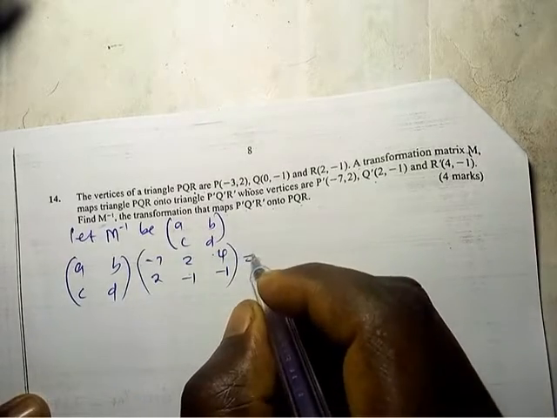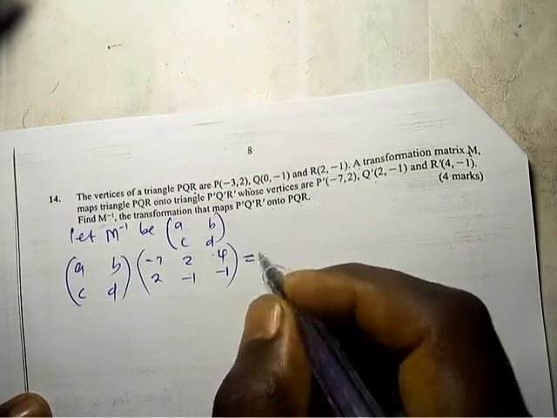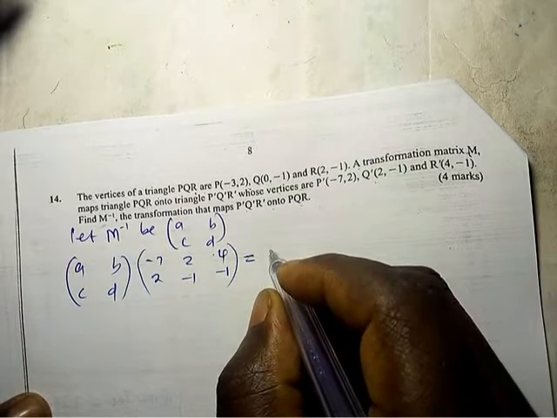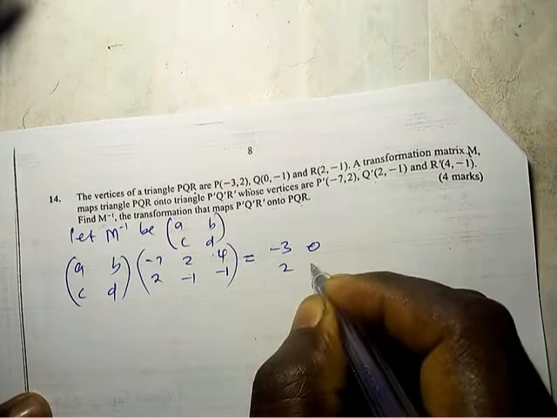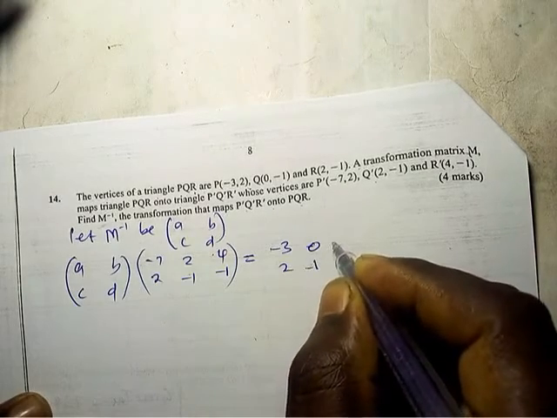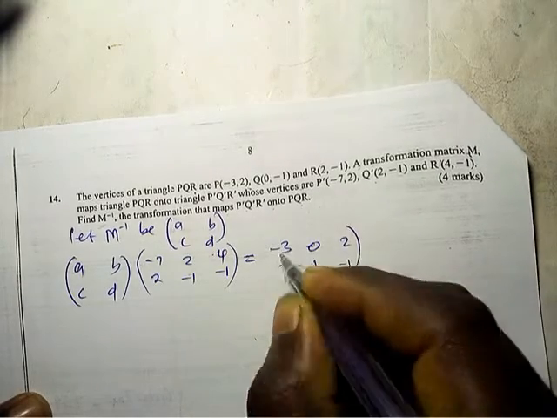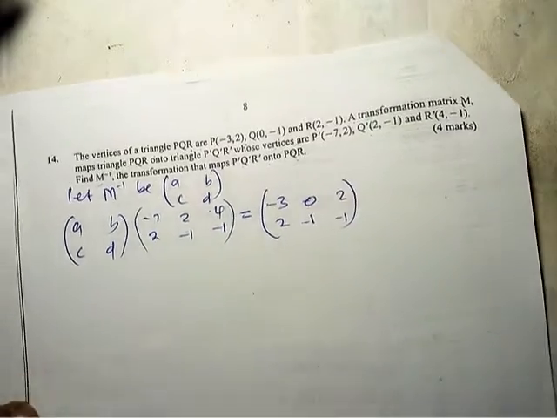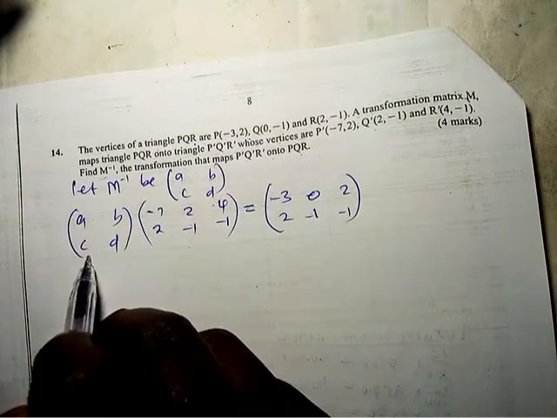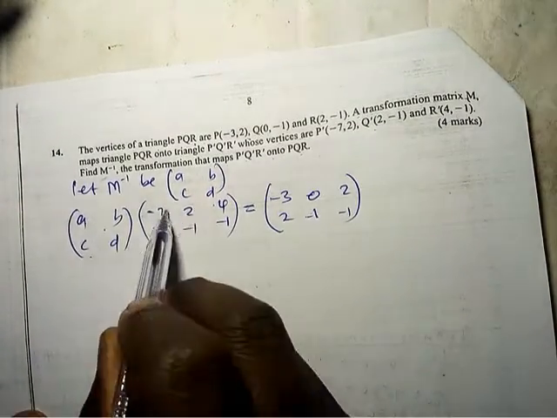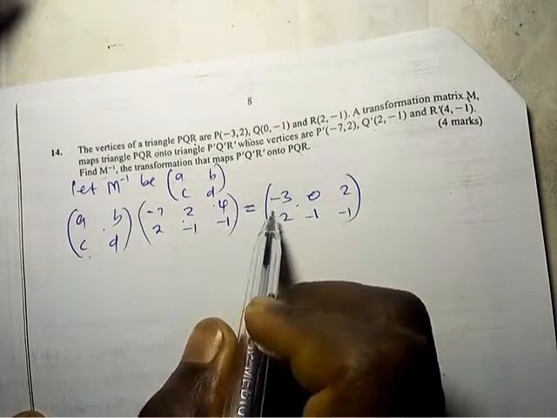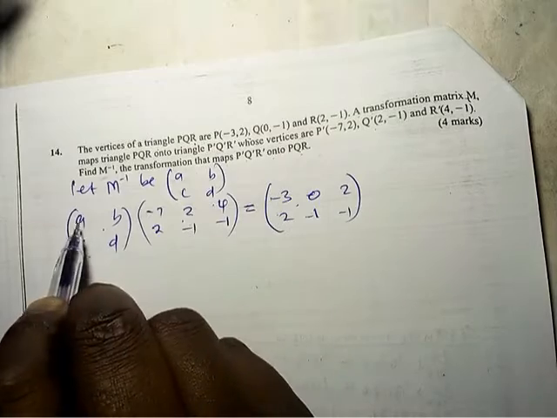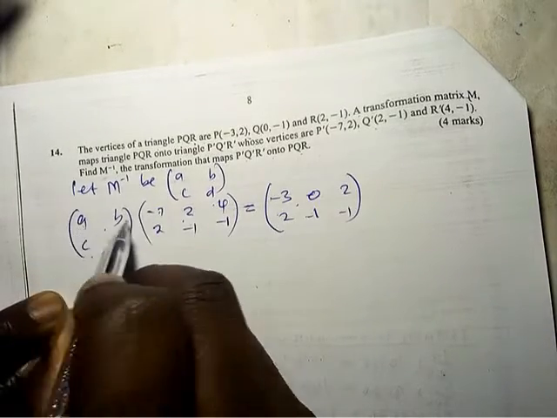will be equal to the object coordinates, negative 3, 2, 0, 1, negative 2, negative 1. Yeah, the inverse times the object image will give you the coordinates of the image. So this times this, I hope you know how to multiply this one.